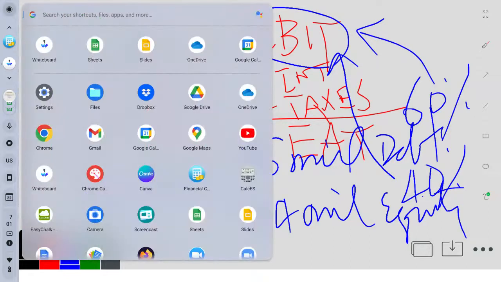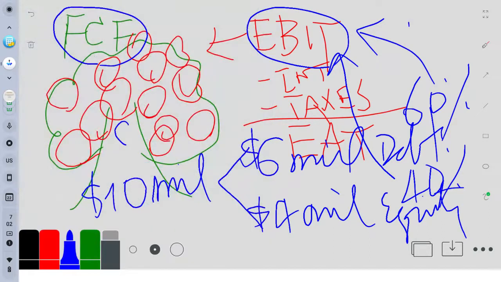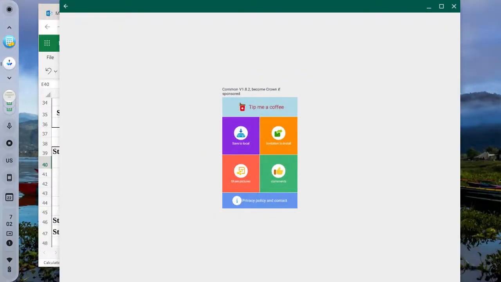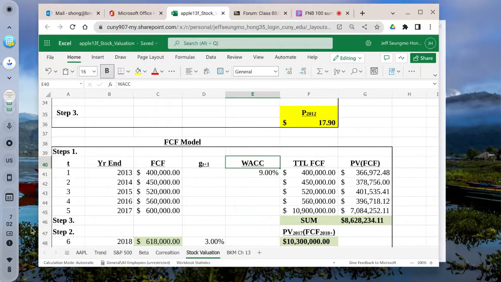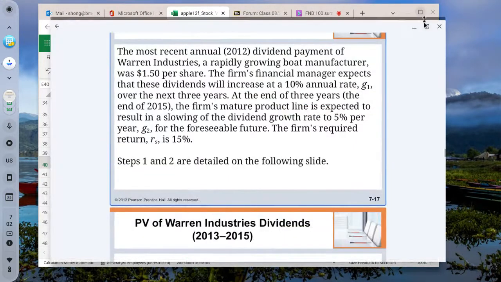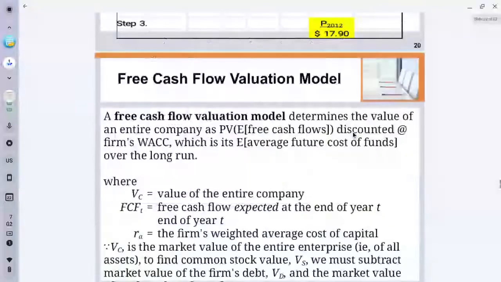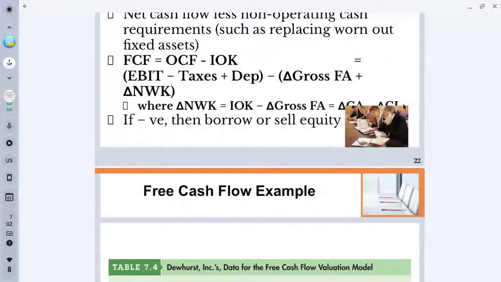All right, I guess take a look at the free cash flow model later, and so that brings us to the definition of free cash flow.